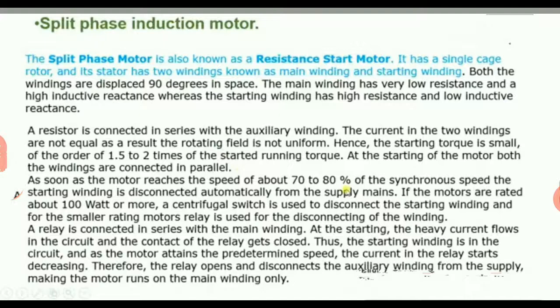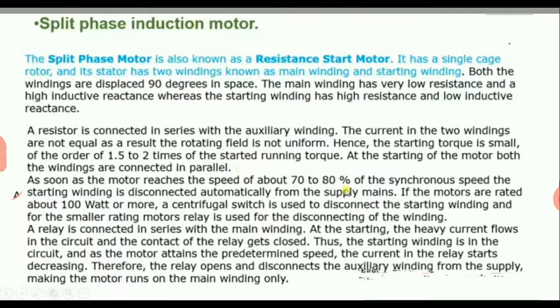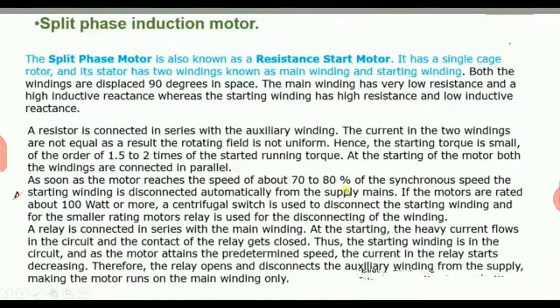If the motor is rated above 100 or more, a centrifugal switch is used to disconnect the starting winding, and for smaller rating motors, a relay is used for disconnecting the winding. A relay is connected in series with the main winding. At the starting, a heavy current flows in the circuit and the contact of the relay gets closed.